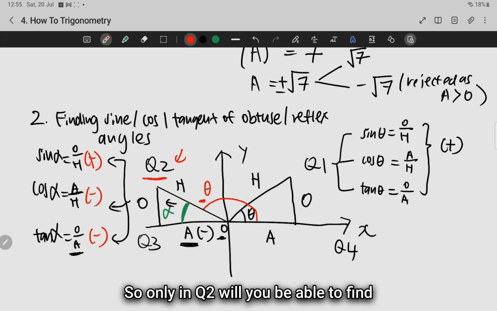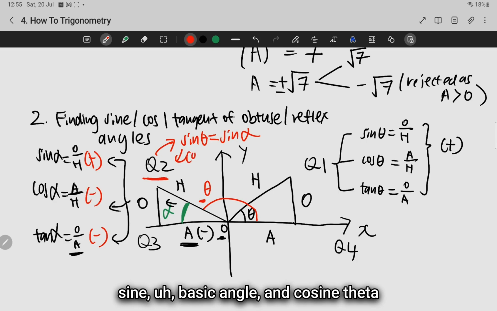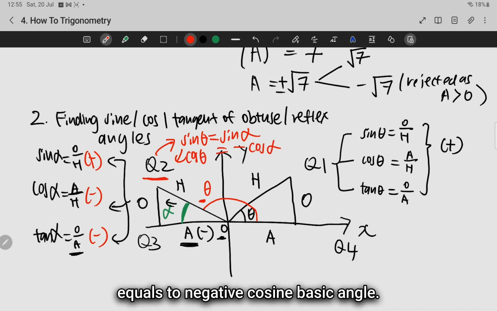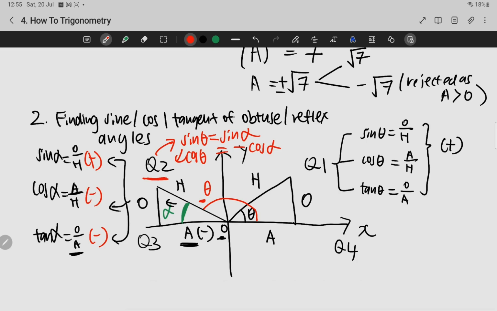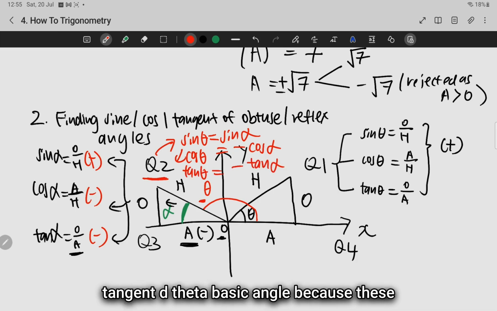So only in Q2 will you find that sine theta equals sine basic angle, and cosine theta equals negative cosine basic angle, and tangent theta equals negative tangent basic angle, because these two are negative.